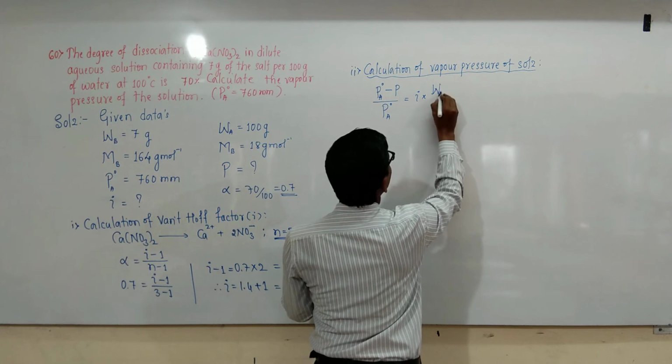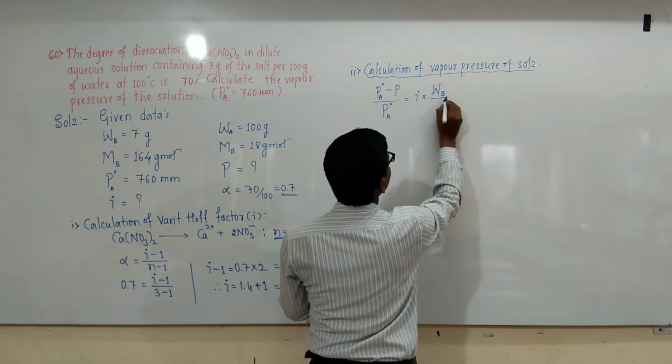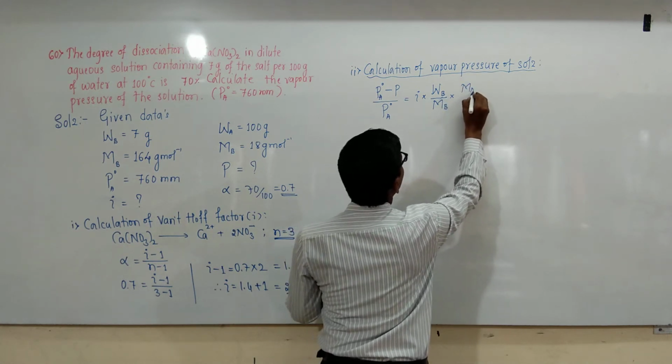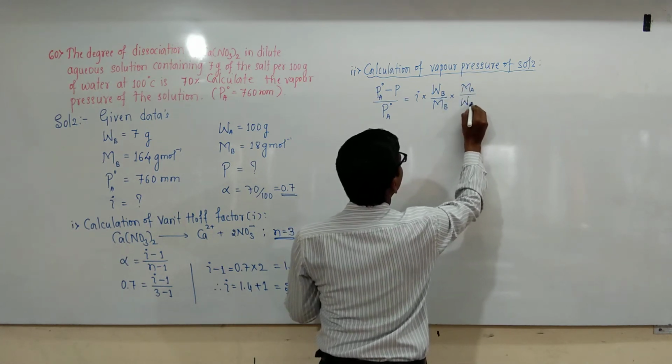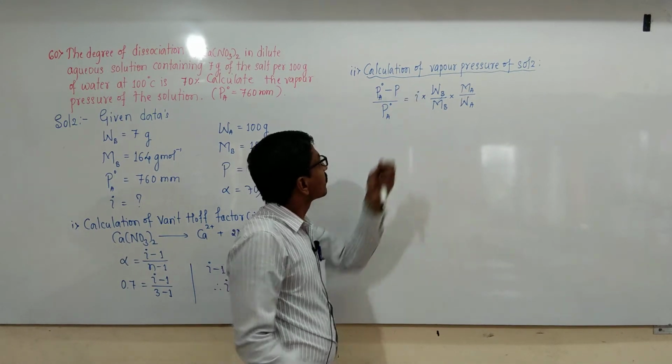And for the vapor pressure of the solution, (Pa0 minus P) divided by Pa0 is equal to i into Wb divided by Mb into Ma divided by Wa. From this relation we calculate the vapor pressure of the solution.